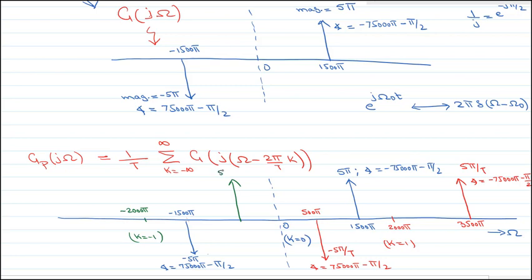The magnitude is 5 pi over t, and the phase will be minus 75,000 pi minus pi by 2.